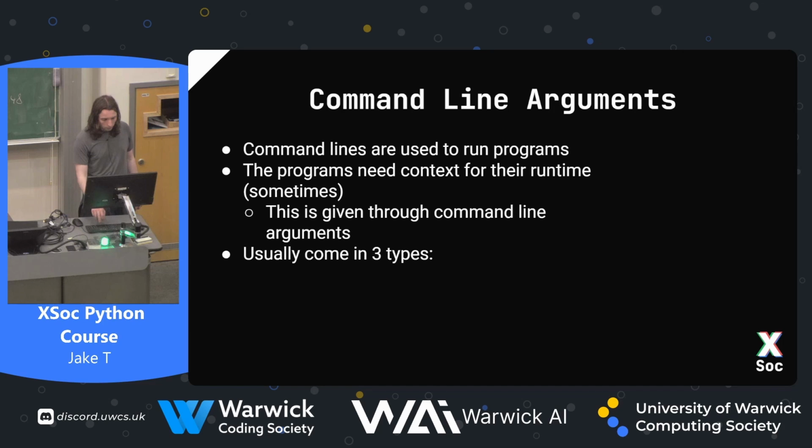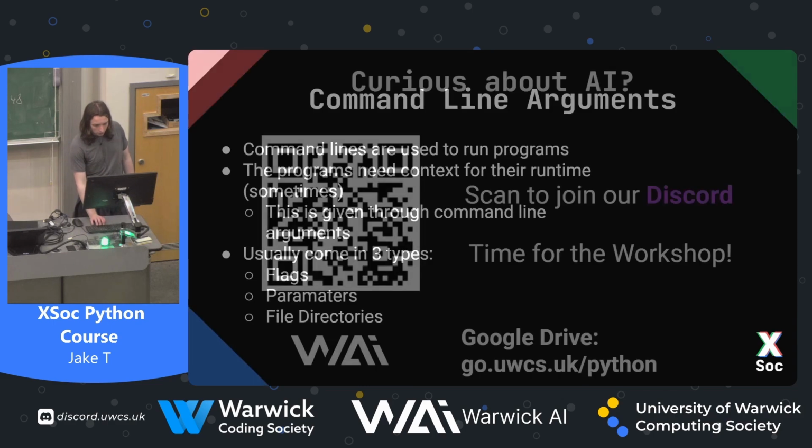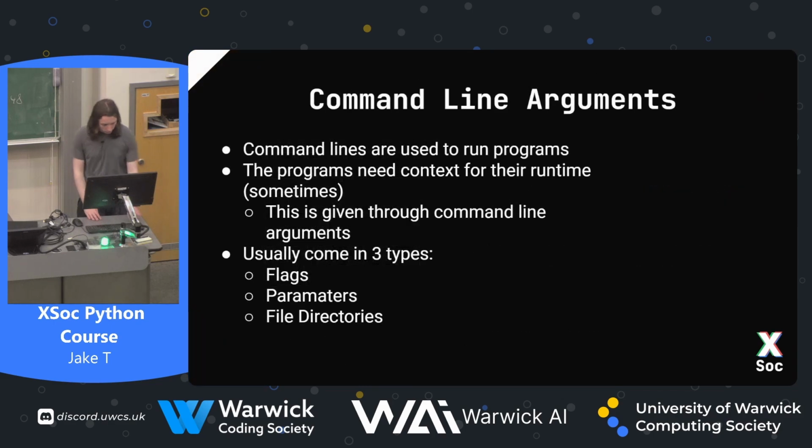So we can use command line arguments for this, and they come in 3 types. We've got flags, which is like -v, -c. They're a bit complicated, but we can add them in Python. I don't think we're going over that today. The one that we will be focusing on is the file directories, and I think maybe a bit on the parameters as well.